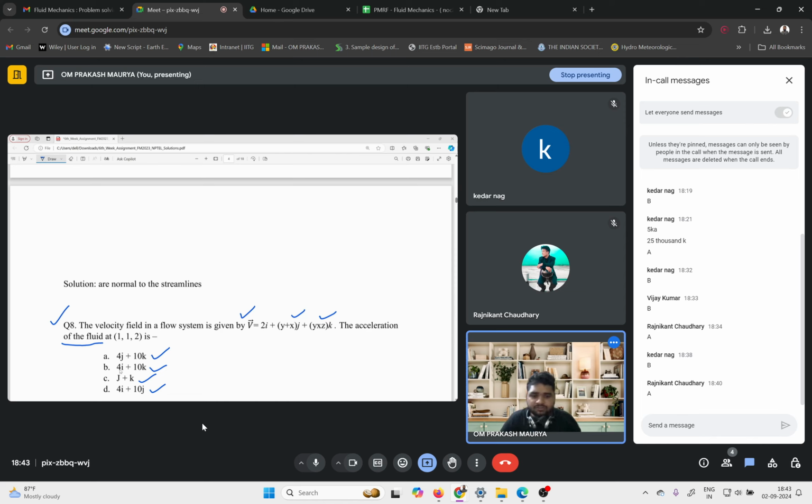Whatever I discussed in the previous questions, you need to calculate ax, ay, az. Since it is asking for acceleration, you could take the root of the sum of all three, but here you cannot take a root because it is asking in vector format. So here you need not take the root.